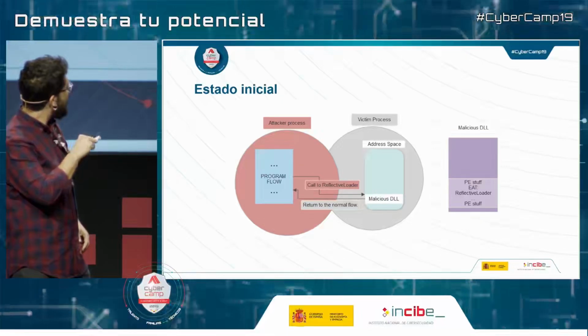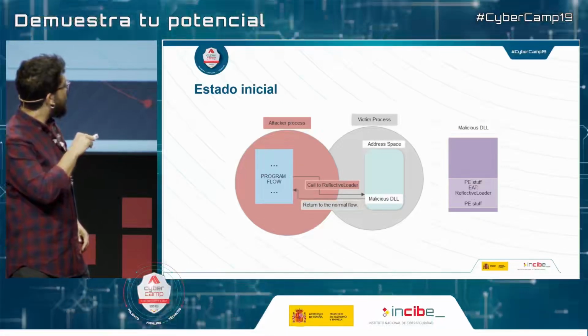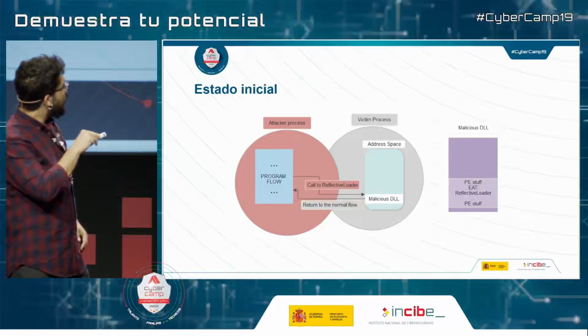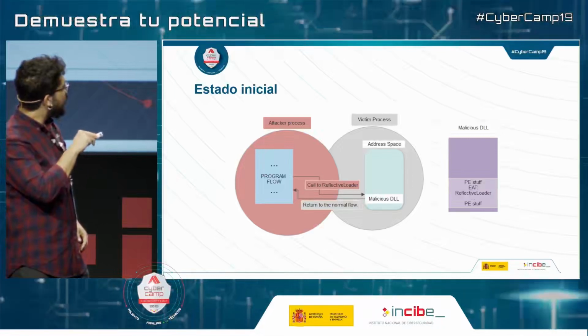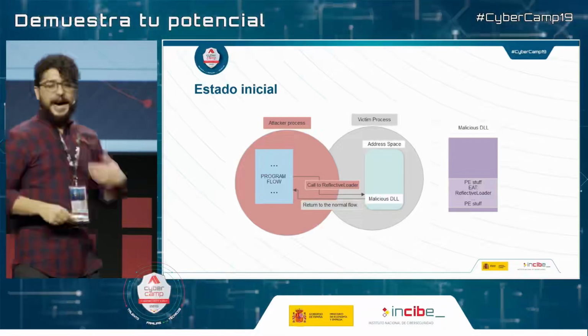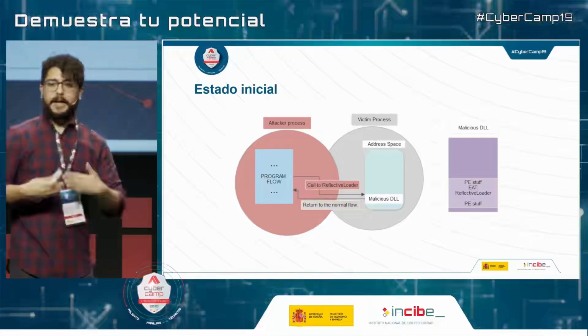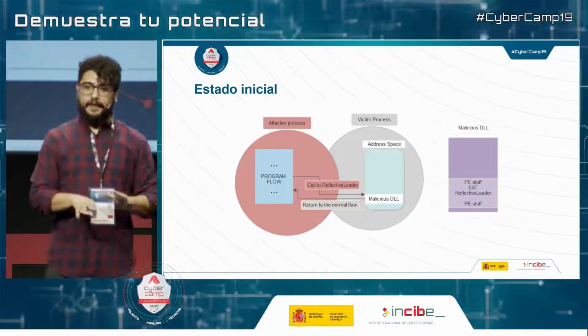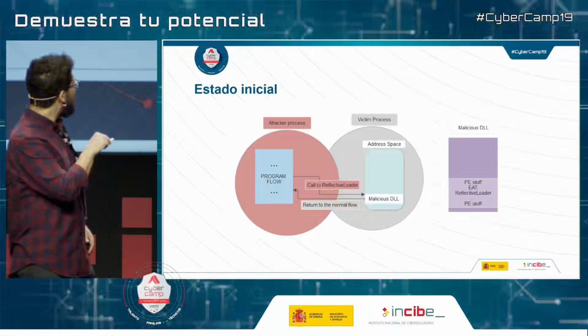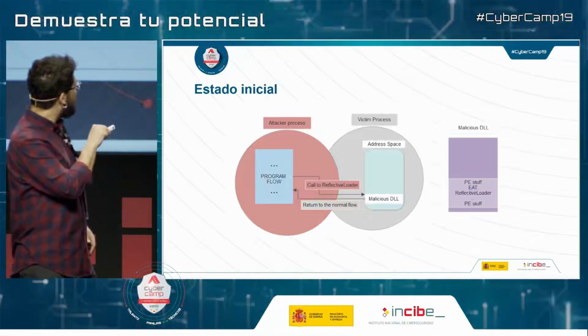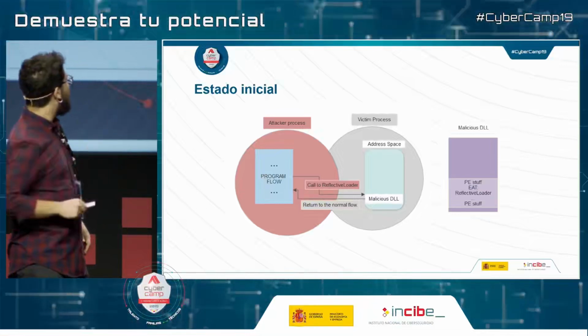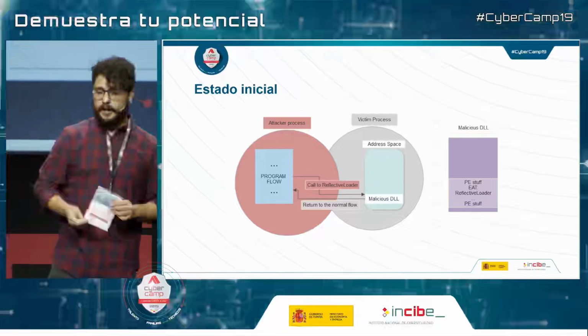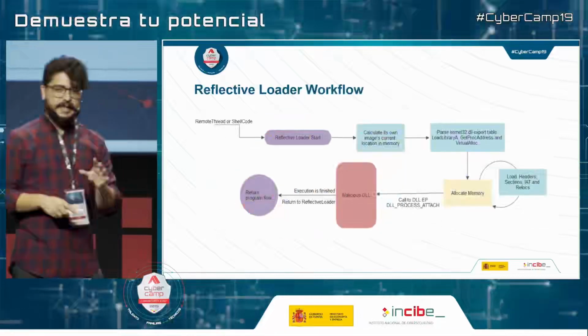And it's going to call the reflective loader. The reflective loader is going to be invoked through this EAT, this export. It's going to load the DLL, it's going to execute all the malicious content, and it's going to end the execution of the DLL with that reflective loader. It's going to go back to the normal execution flow.